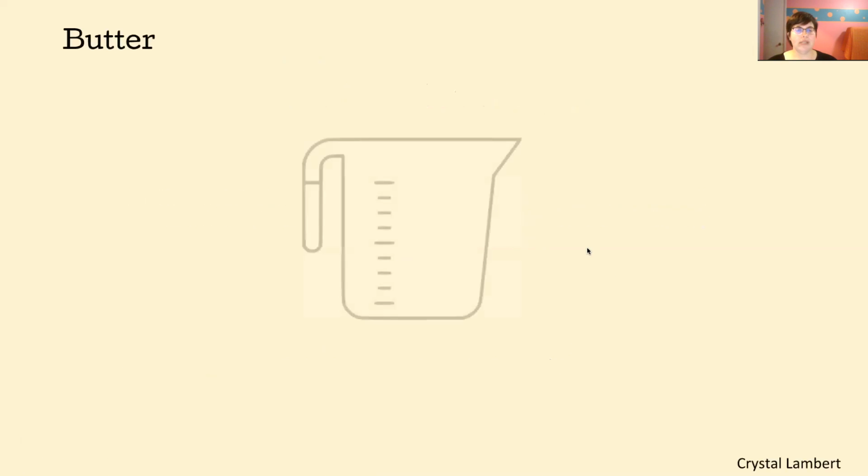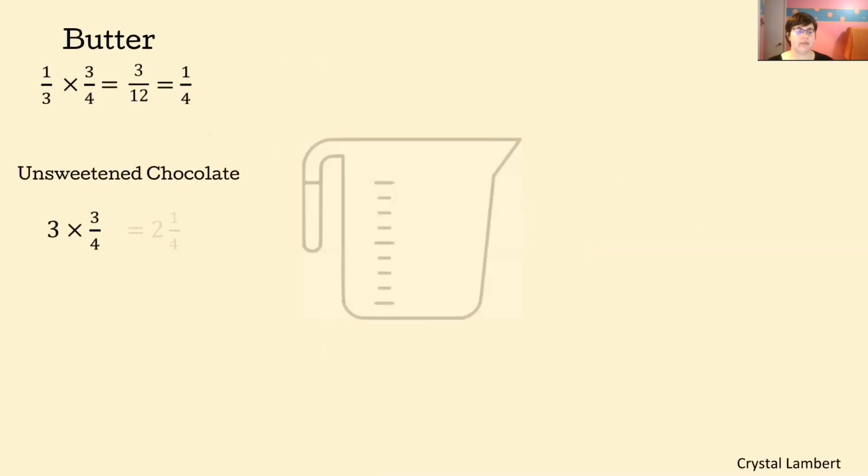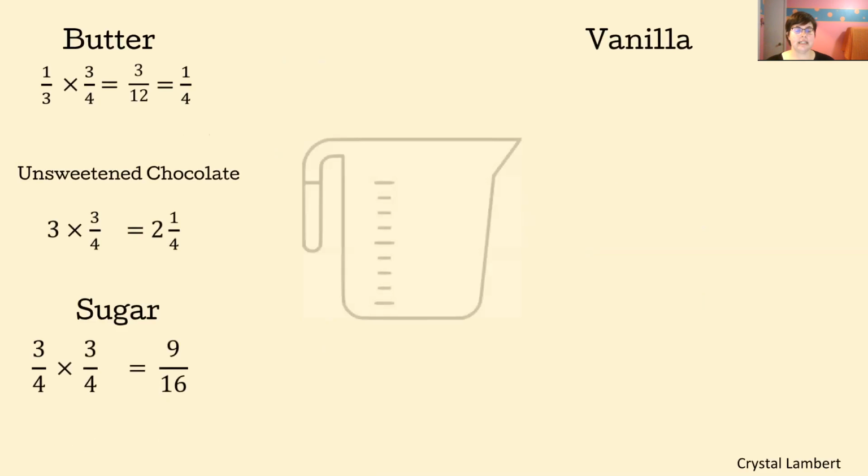So we take our butter, which started out with 1/3 cup of butter, and we have to multiply that by 3/4, and that equals 3/12, which we can reduce down to 1/4 cup of butter. And then we have unsweetened chocolate, 3 times 3/4, 2 1/4. Sugar is 3/4 times 3/4, which is equal to 9/16.